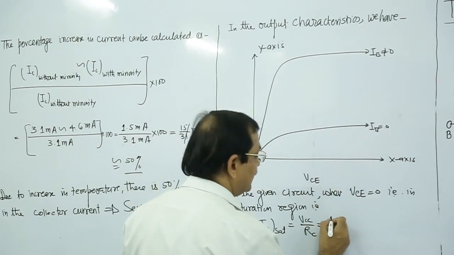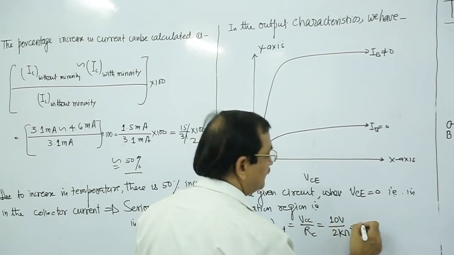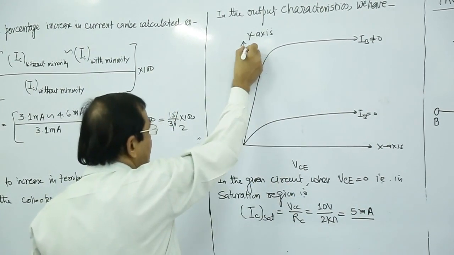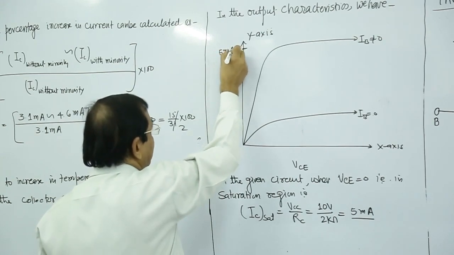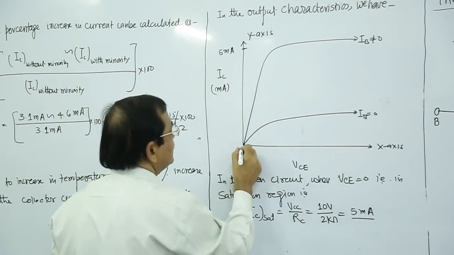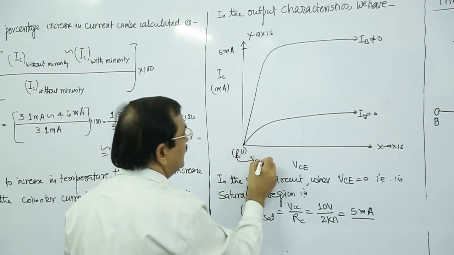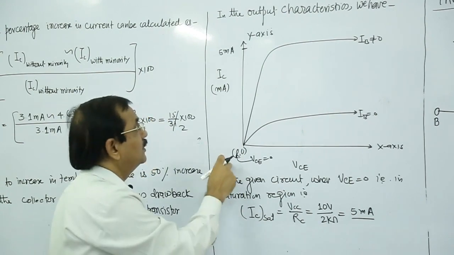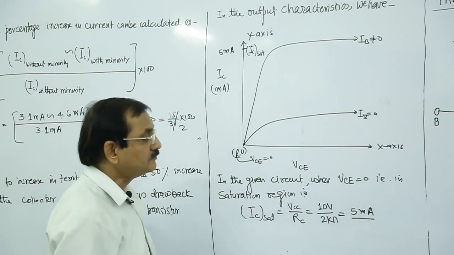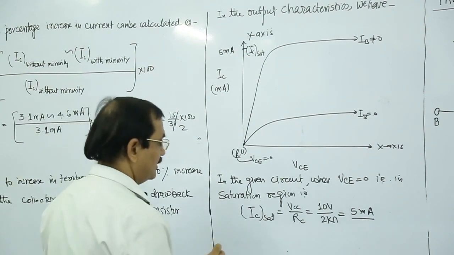VCC is 10 volt and RC is 2 kilo ohm, so this is 5 milliampere. Suppose this is 5 milliampere. At this point VCE is 0. So this is the saturation current.